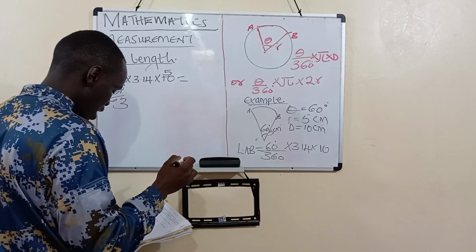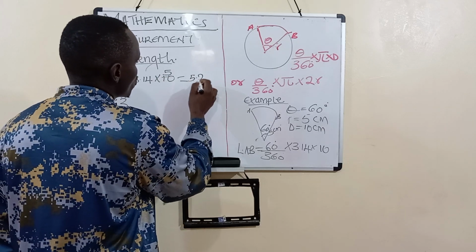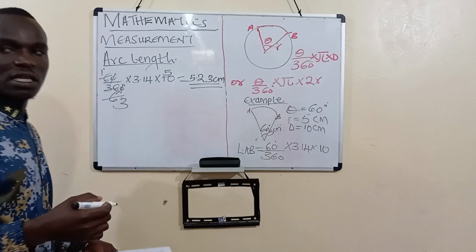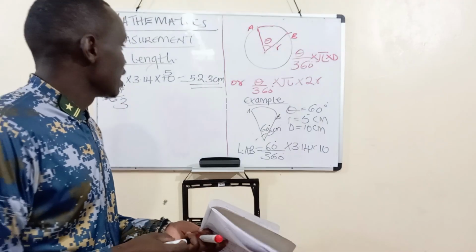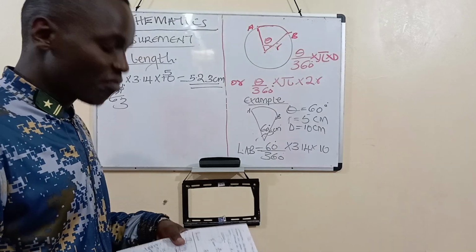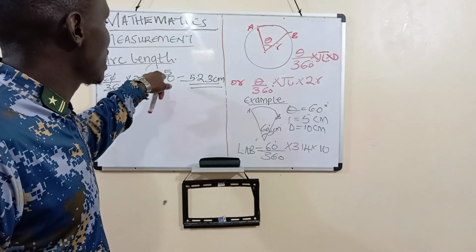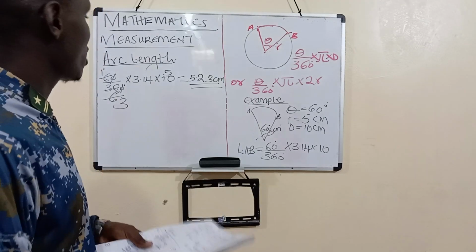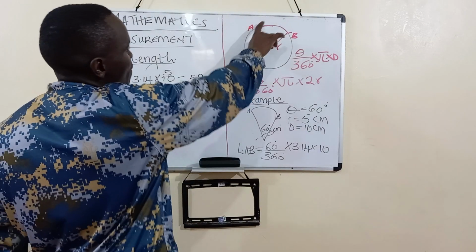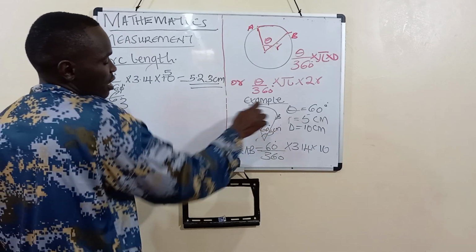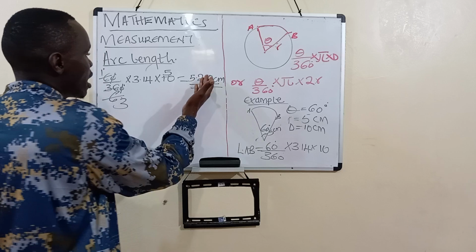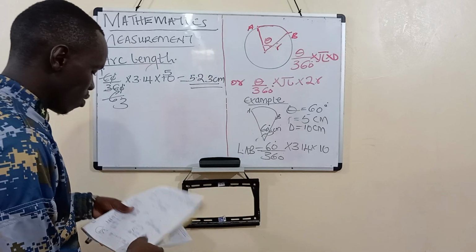When you get the answer here, it will be 5.23 centimeters. That is the way we obtain the value of the length of the arc. So the arc length AB in this example, we can obtain it by this expression, and we are able to get its actual value.